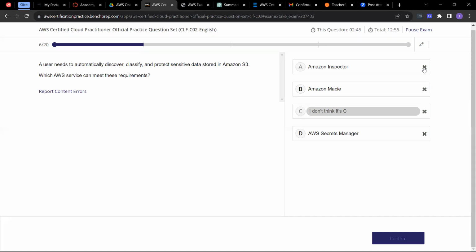So that is also out. And then somebody says Secret Manager is for securing passwords. Okay, that also makes sense.